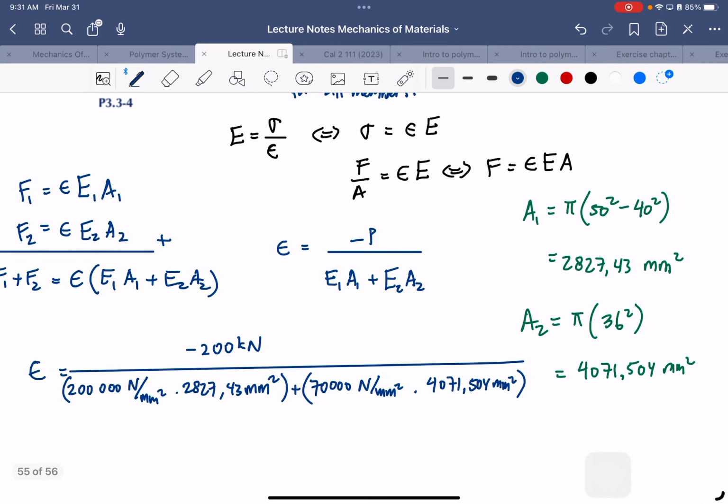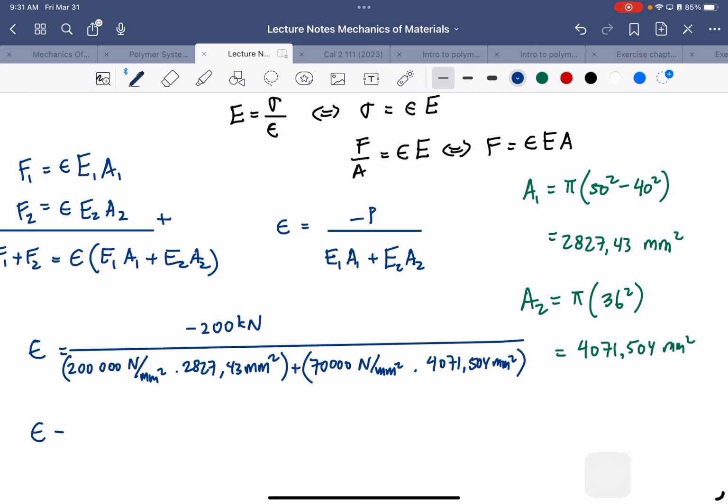Let me just write down the strain here. This is multiply plus, and then 200.